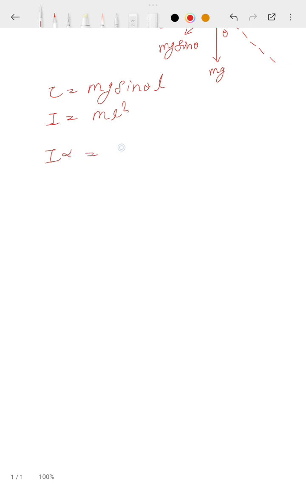equal to torque. The torque is in the opposite direction to theta increasing. So we can write ml square theta double dot equal to minus mg sin theta L. So mg sin theta will come to this side, and m and m will cancel out, and one L will be gone. So L theta double dot plus g sin theta will be there.